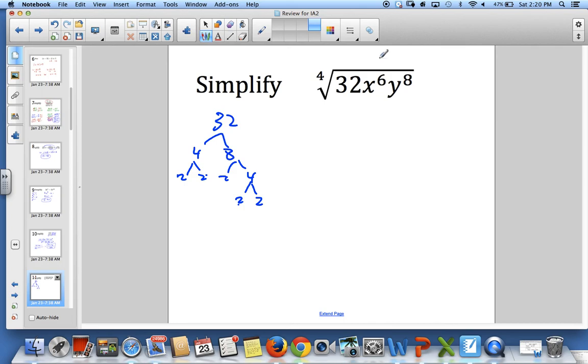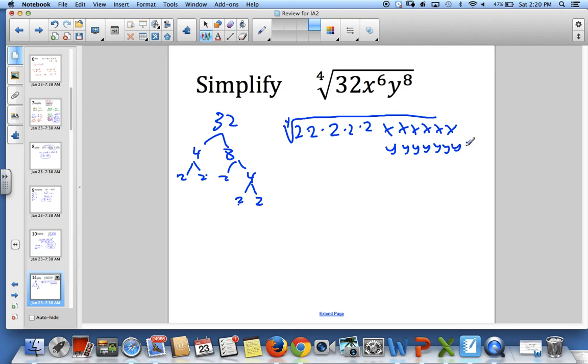So this whole thing is going to be the fourth root of 2 times 2 times 2 times 2 times 2, 5 2's, 6 x's, 1, 2, 3, 4, 5, 6, and 8 y's, 1, 2, 3, 4, 5, 6, 7, 8.